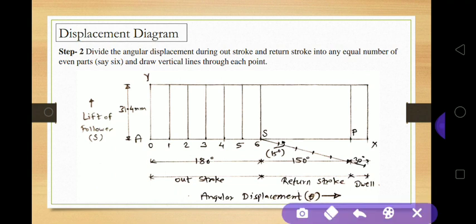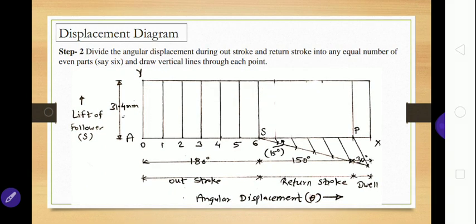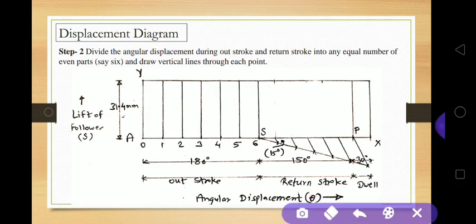So on that inclined line with respect to SP by 15 degrees, we have drawn this line inclined to SP. On that line, mark the 6 equal points with spacing between them equal to 1 centimeter each, and in the next step join the end point, which is the 6th point, to the point P by one line.